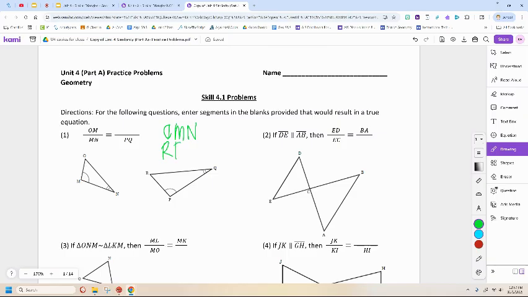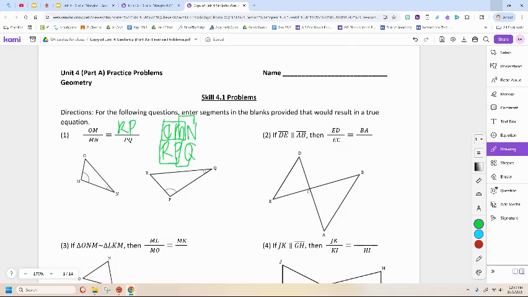P. Which one matches with N? Q. So now, does everybody see how it's doing OM over MN? So guess what you need to put in the top? What goes with OM? RP. And then PQ. You kind of see how it's the same dance move?